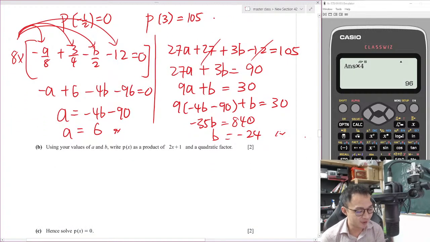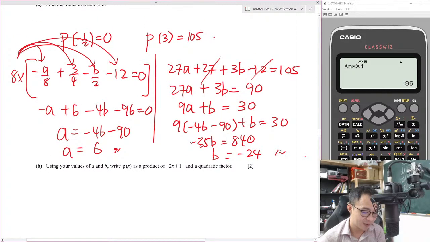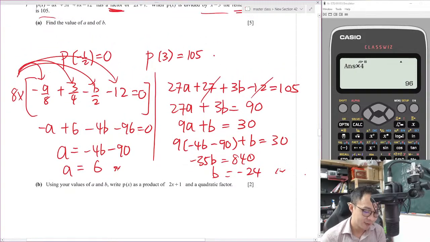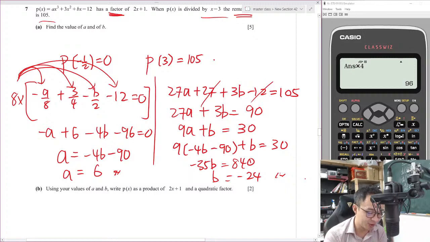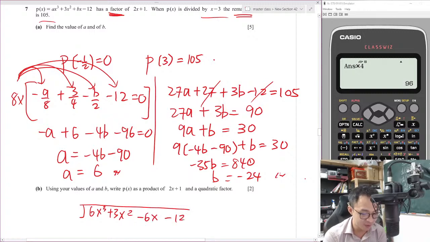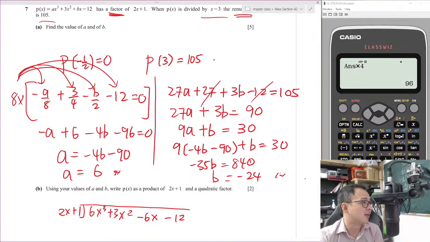Let's move on. Use your values a and b and write p(x) as the product of a linear factor and a quadratic factor. So basically you need to do long division here. Therefore, my polynomial is 6x cubed plus 3x squared minus 24x minus 12, divided by 2x plus 1.